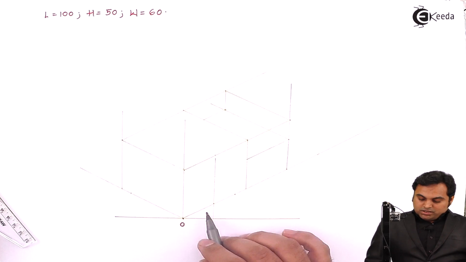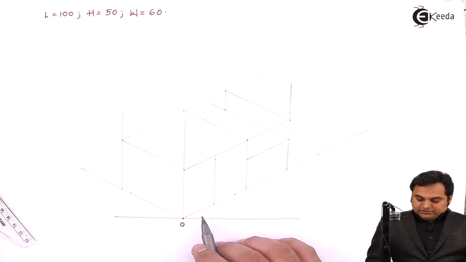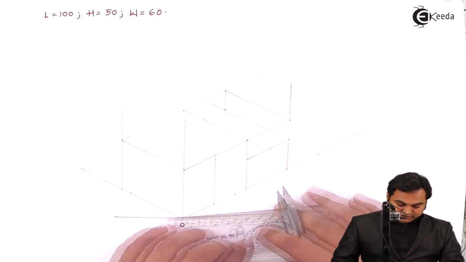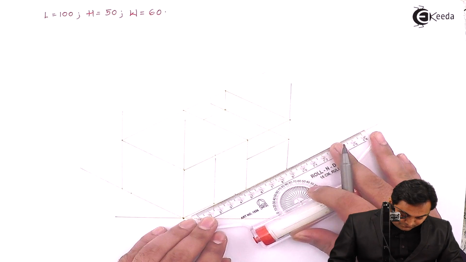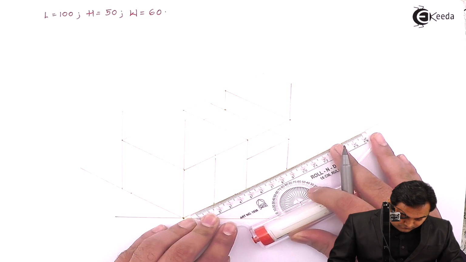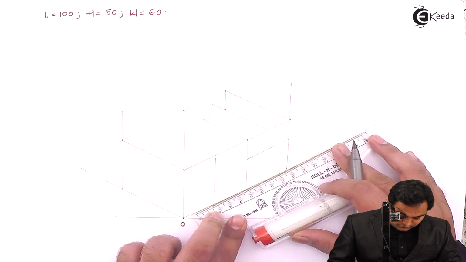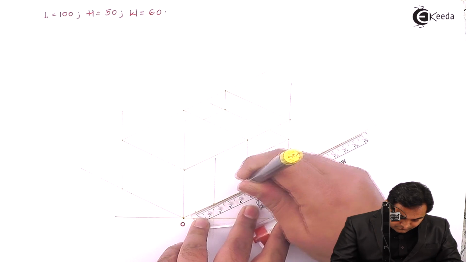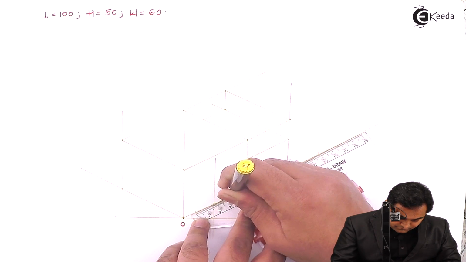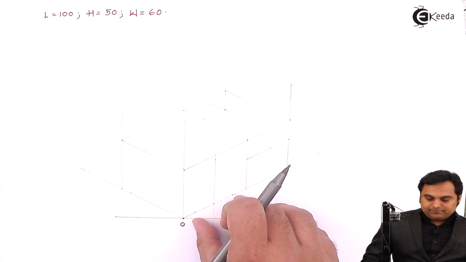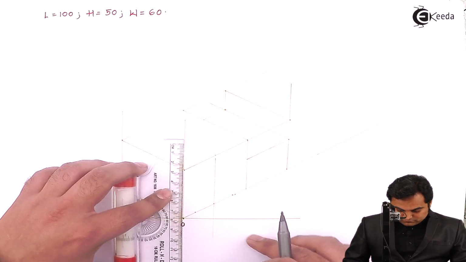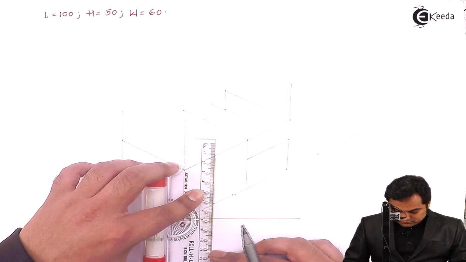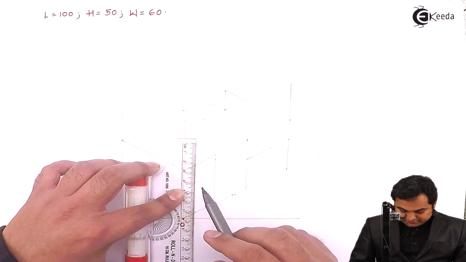Now, since it is of diameter 36 mm, from this center I am going to measure 18 mm on one side, 18 mm on other side. Here I get this as 36 mm. Then through this point I am drawing a light vertical line.